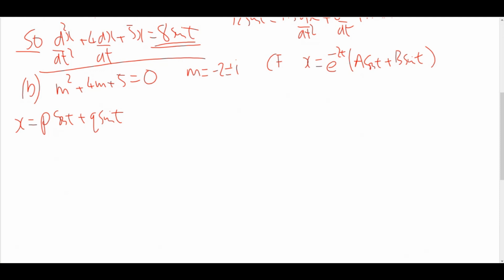Now, the very observant of you might be a little bit concerned about doing that because there's a cos t and a sin t in the complementary function. But that's not a problem because it's multiplied by an exponential term. They're not separate terms in their own right. It's not going to cause a problem in this case, but we'll do another example in a second.